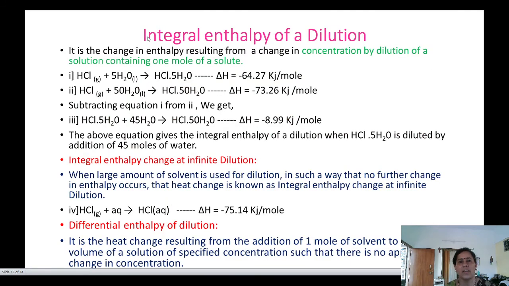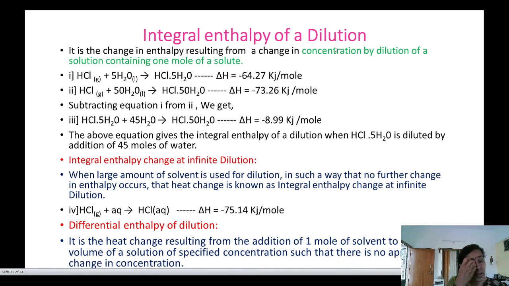Now, the integral enthalpy of solution we explain with the help of an example. The next point is the integral enthalpy of dilution.